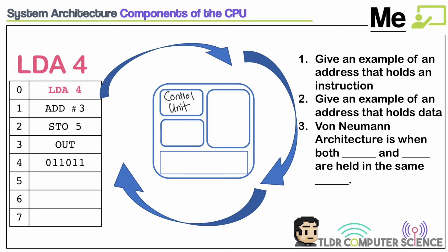I said control unit manages, which is another word for control, but let's try and avoid it. So what does it do again? It manages and coordinates the activities of the CPU. That sounds like a fantastic answer, wherever you got that from. Thank you. Connor, arithmetic logic unit.